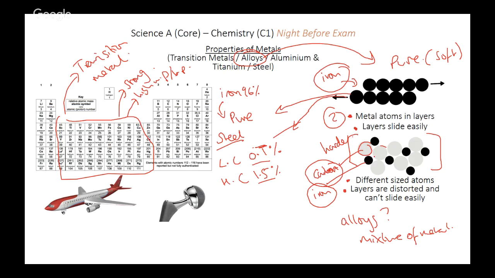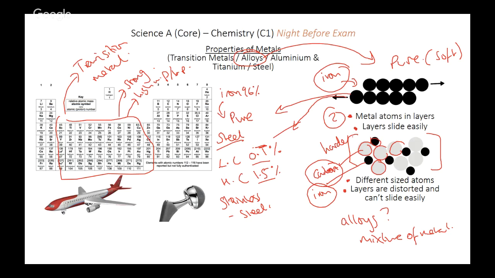The layers are going to be distorted a lot more. It's going to become a harder material, and they tend to be used for things like drill ends or tools and things like that. And finally, stainless steel, bit of chromium in there as well, and that can be used for cutlery and things that you don't want to get stained and tarnished.